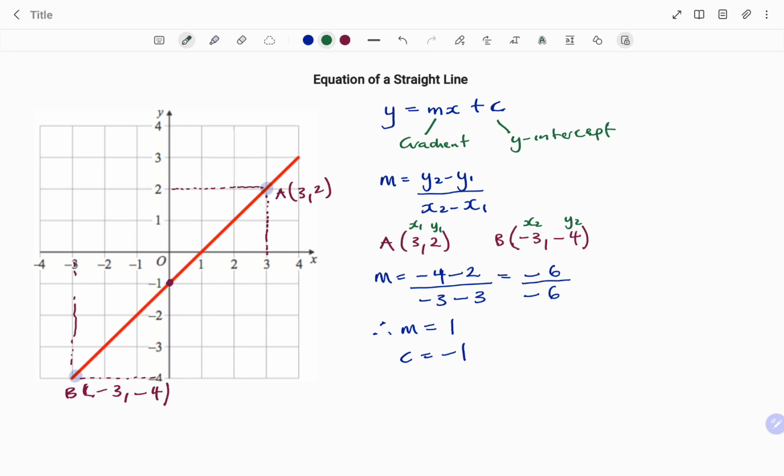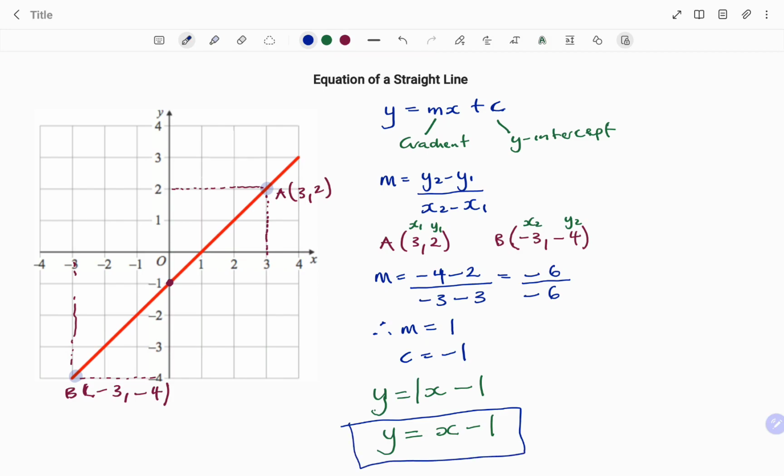Therefore, to write the equation of this line, my y is equal to mx, m is 1, x, there's an invisible one here, plus c, but c is negative 1, so I have that as minus 1. So therefore I can write that as y equals x minus 1. That's the equation of the red line as shown.